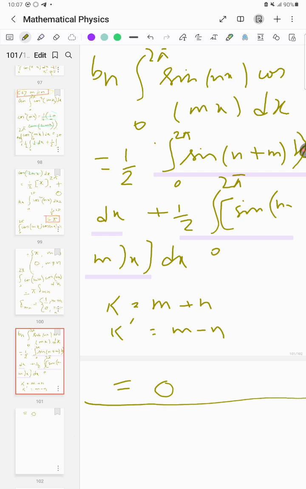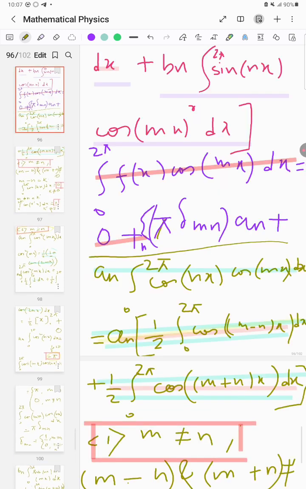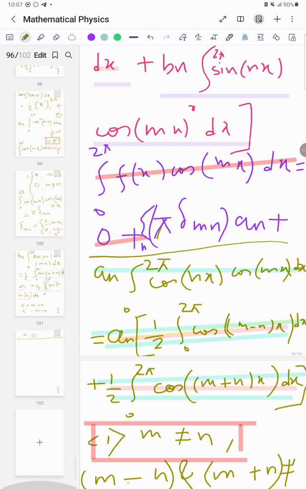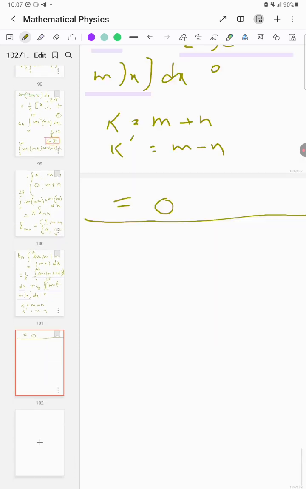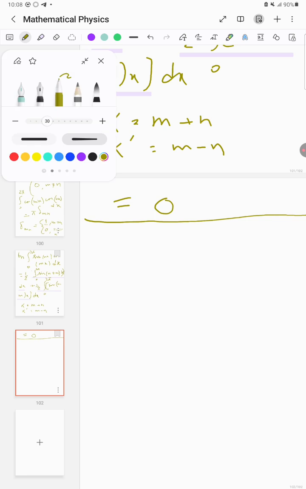Alright, now we'll go back to the original equation, this one. What does this say? So again we'll write it once again and then we'll simplify it.